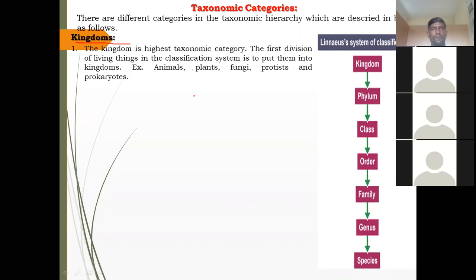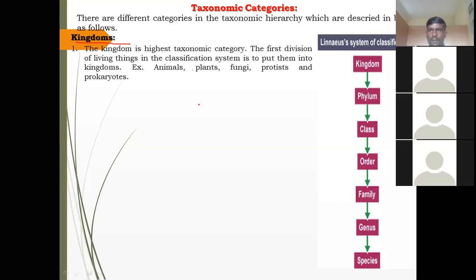You know, if you want to classify the animals, at that time it is necessary to divide the animals according to their morphological characters. So imagine, in front of you, you are observing n number of animals or any living organism. Actually it is a very difficult task to separate out, to arrange all the living organisms in a particular group or particular taxa.